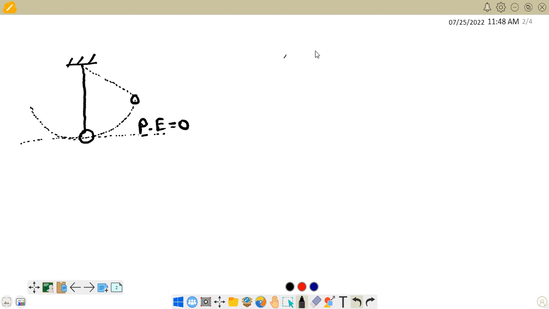If we sketch a graph of energy versus displacement, we can draw it like this. Displacement and energy. First, I'm going to draw the graph of potential energy.